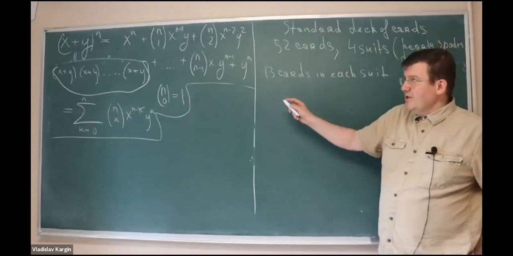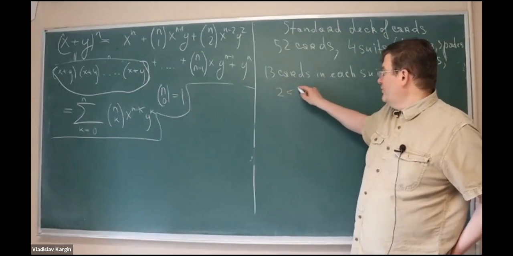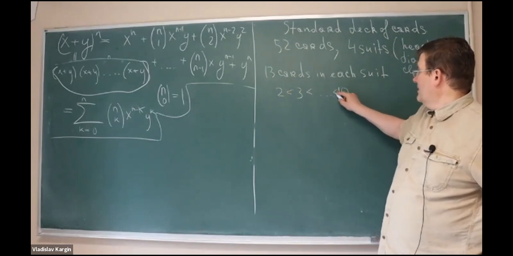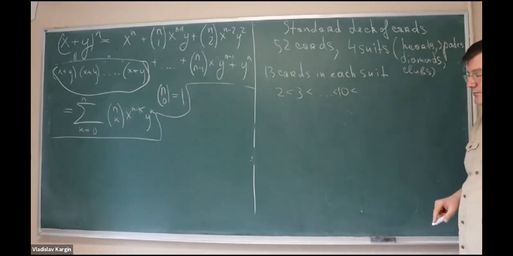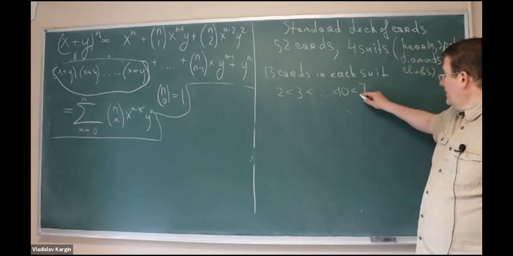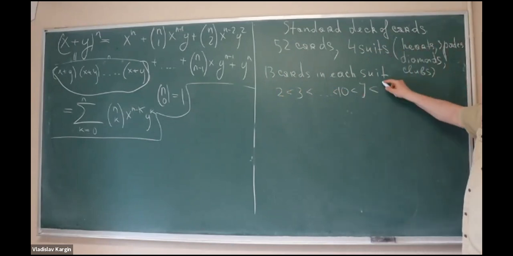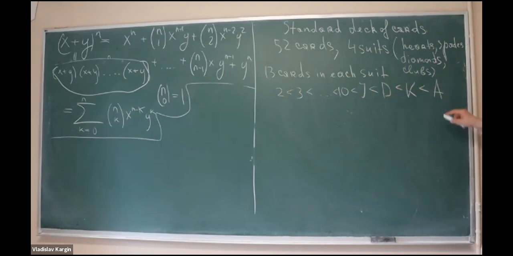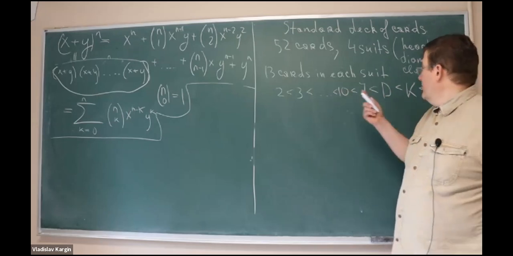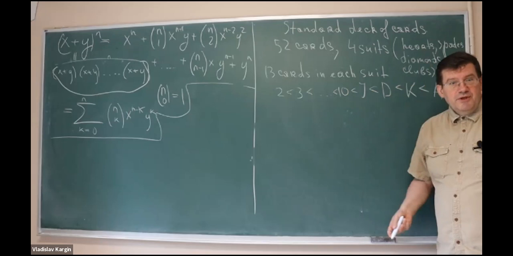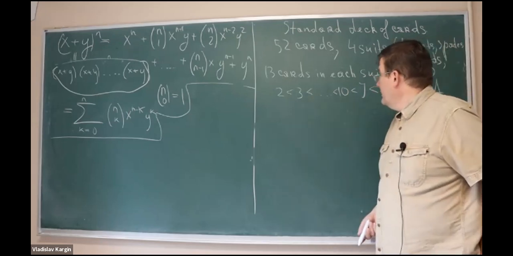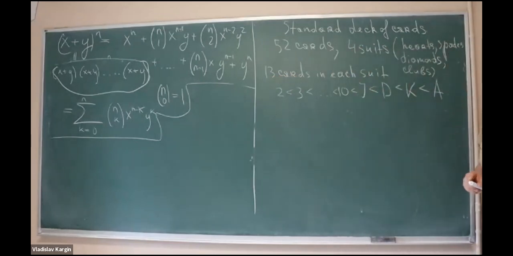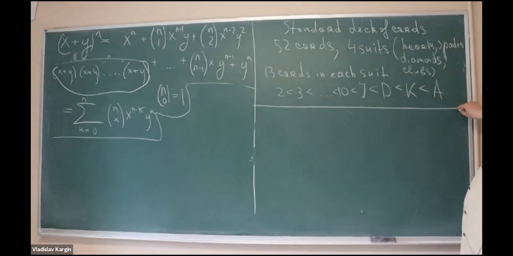By convention, they are ordered 2, 3, up to 10, then Jack, Dame and King, and an Ace. So 13 cards, and mostly we just need these two numbers, 13 and 4.